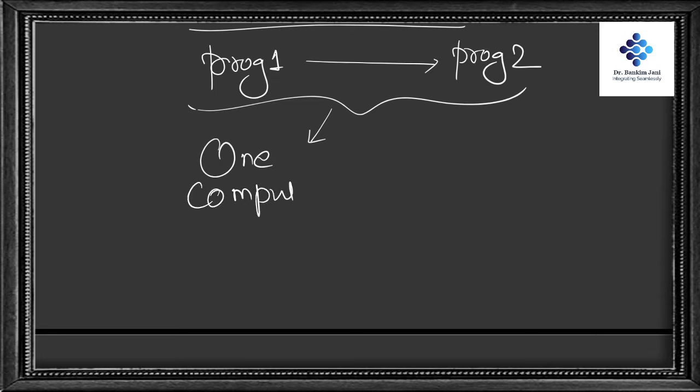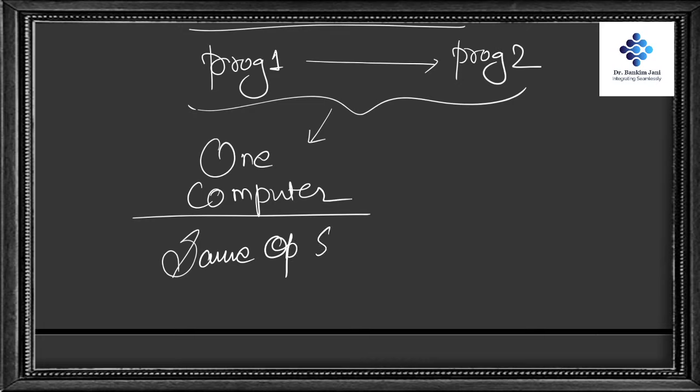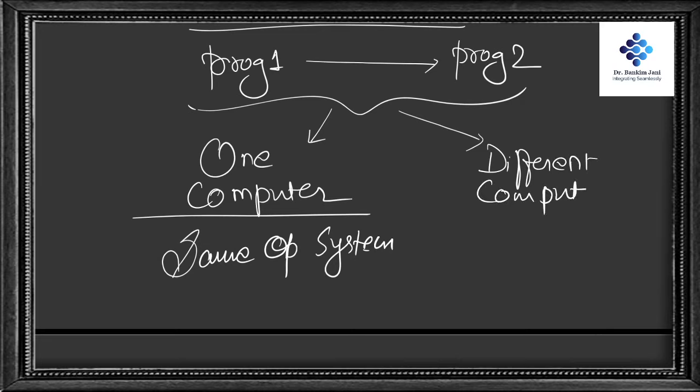When it is running on one computer, then it is quite easy because it is running on the same operating system. There is no need to leave that computer. Everything is getting processed over there only. Same operating system. But when they are running on different computers, we need to add something extra to that.